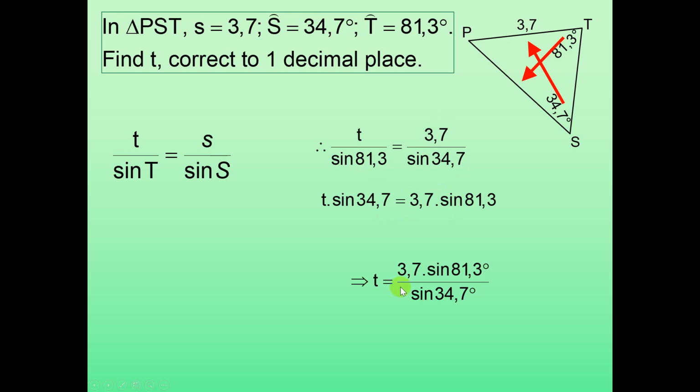We're going to use our calculator to calculate the right hand side. Note that I divided both sides by sine 34.7 because I'm trying to find side t. And using our calculators, we find t to be 6.4. Note that we're not finding an angle, so no need for shift. That's quite cool, don't you think so?